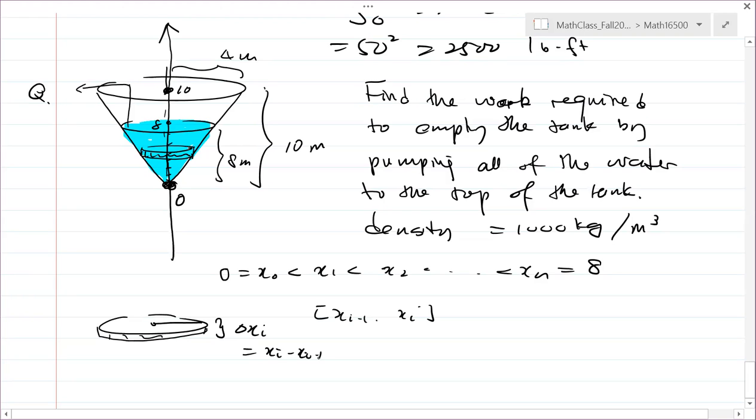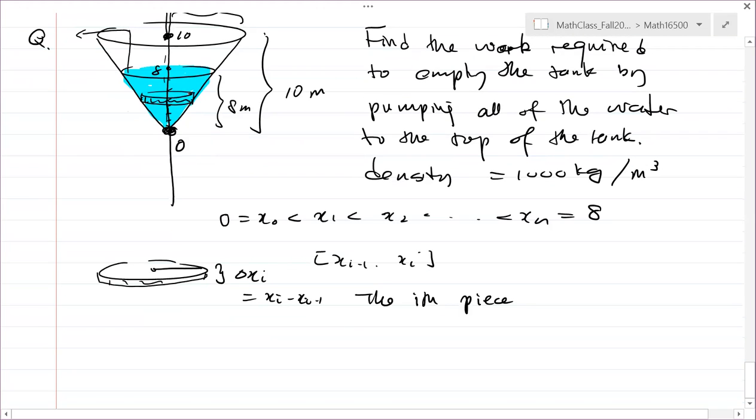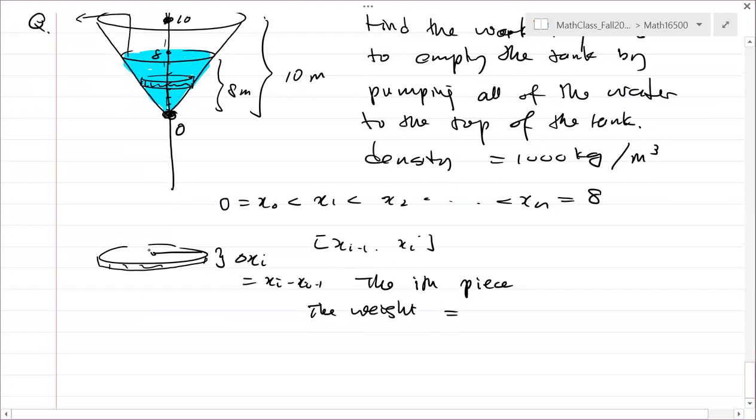And how heavy it is. So the ice pieces. Okay, the weight is going to be the volume times the density. Okay, the volume is going to be the radius. Now I have to figure out radius, right? What is the radius? The radius determined by this point xi. So I'm going to draw the picture here.